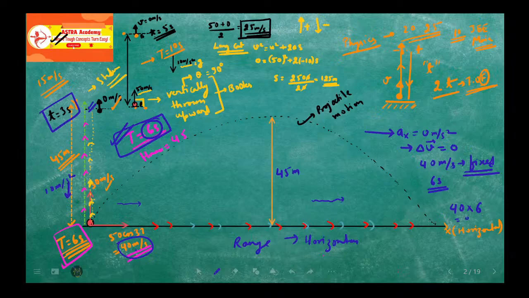Speed into time gives me distance, because it is a simple question of motion in 1D: if the speed is fixed, then speed into time gives us distance. So it will be equal to 240 meters. That's it. So this is range, this is maximum height, and this is time of flight. Is it understood to everyone? Please tell me.